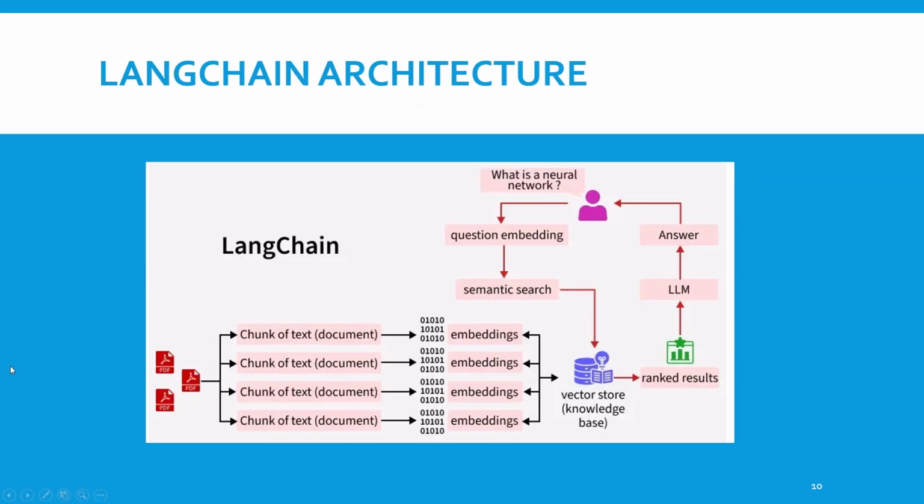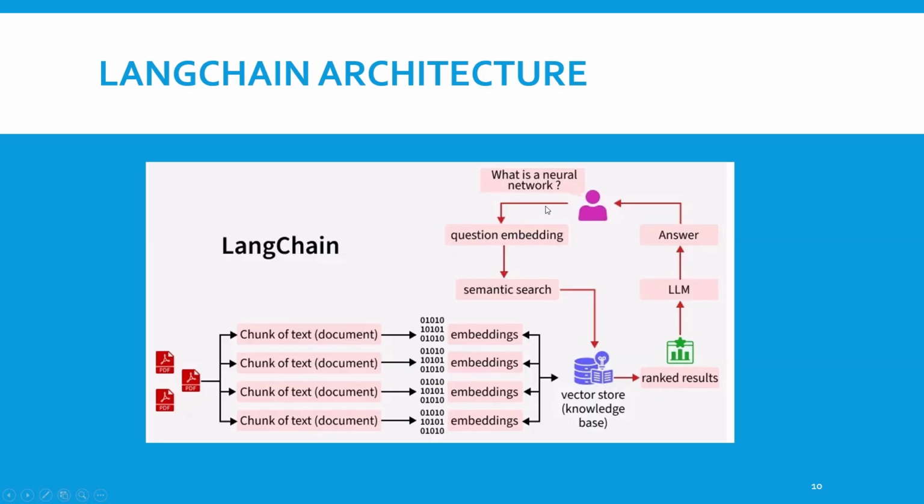So, this is a very interesting architecture diagram for LangChain. Here we have some documents. Suppose there are PDFs. PDFs are broken down into chunks of text or chunks of documents and then converted into embeddings. These embeddings are stored in a vector store or a knowledge base. Now, suppose the user is asking a question.